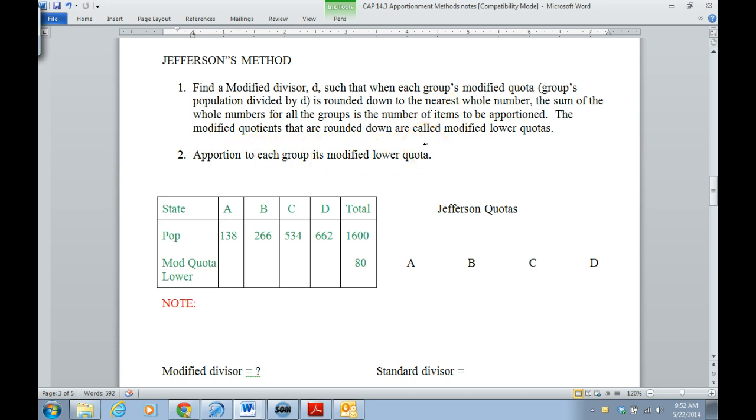In other words, what's happening here is we're not using the standard divisor. We're making up one, and we're going to guess and check to find it.